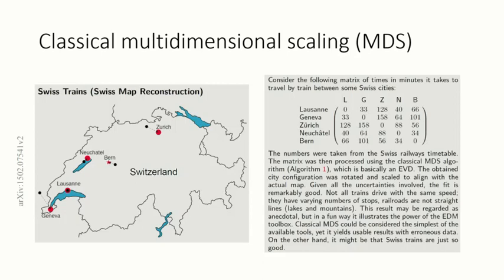So if I gave you this matrix, which tells you from Lausanne to Geneva is 33 kilometers, and from Geneva to Zurich, 158 kilometers. Would you be able to use this to reconstruct the map like that? Is that possible? Do we have the intention or interest to do that?